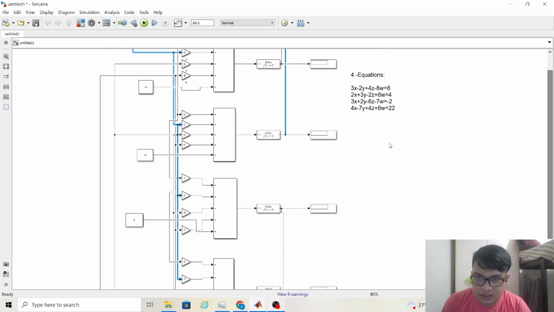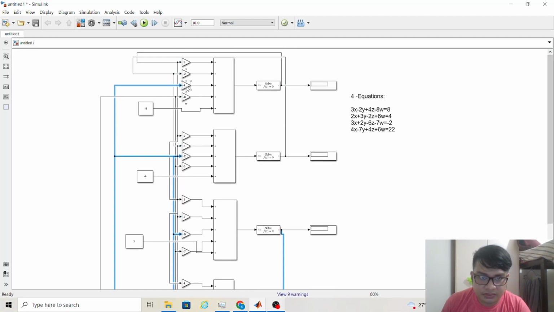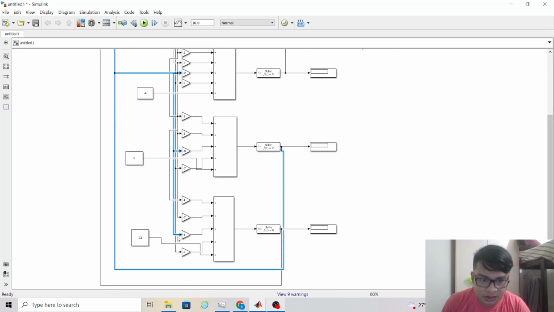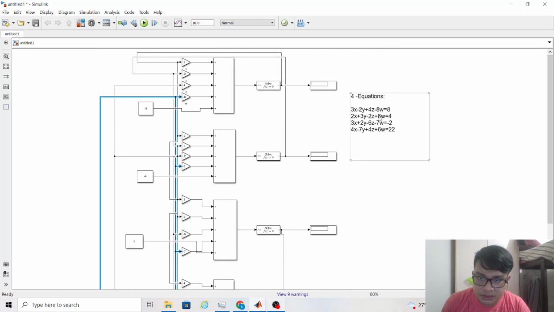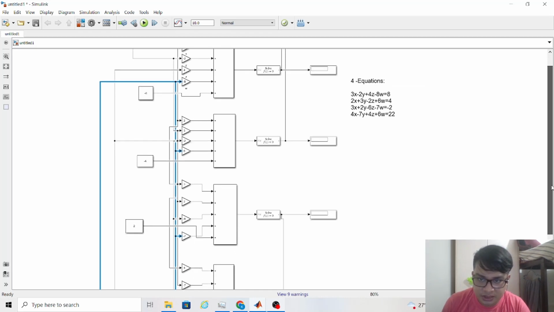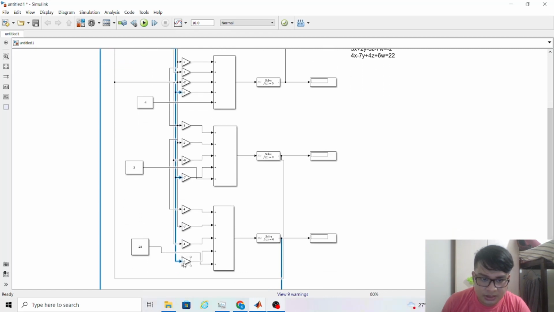Now for the z, these are the values of z. It's going to be 4, negative 2, negative 6, and 4. Now for the w's, it's going to be negative 8, 6, negative 7, and 6.